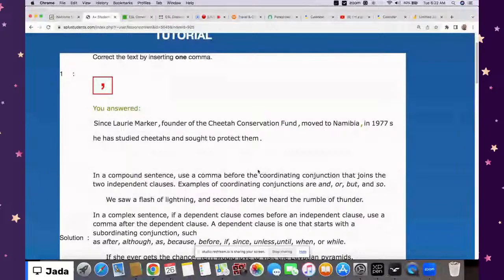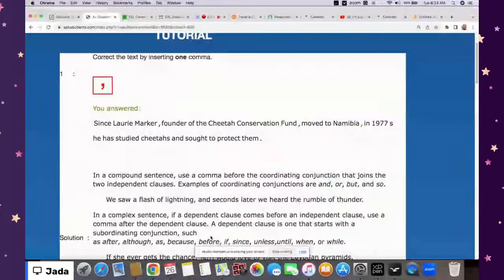Examples of coordinating conjunctions are and, or, but, and so. Before you see any of these four coordinating conjunctions, you need to add a comma.